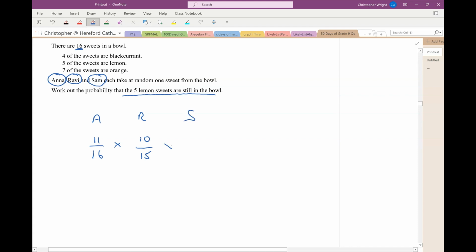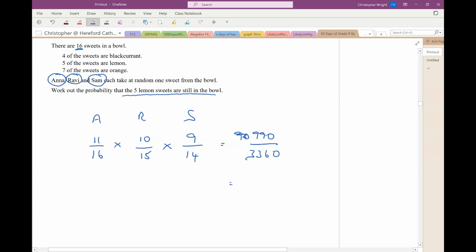And now Sam steps up. There are 14 sweets left in the bowl, and 9 of them are non-lemon. So the probability that the 5 lemon sweets are still in the bowl is 990 over 16 times 15 times 14, 3,360.